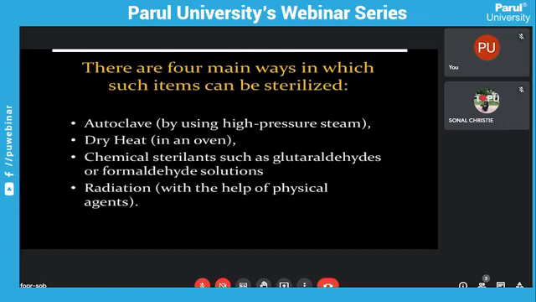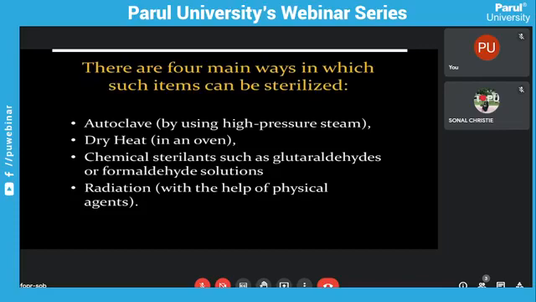In the oven, dry heat can kill the microbes. Then third is chemical sterilants such as glutaraldehyde or formaldehyde solutions, both of which are disinfectant solutions.